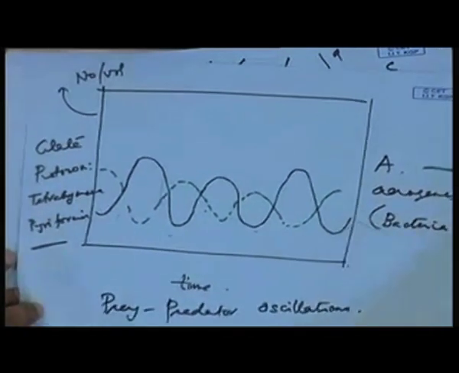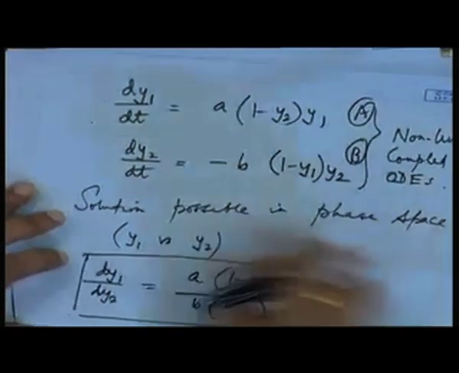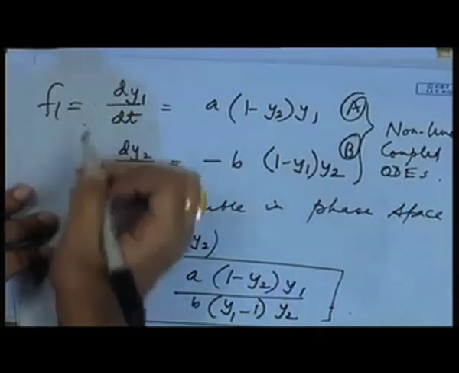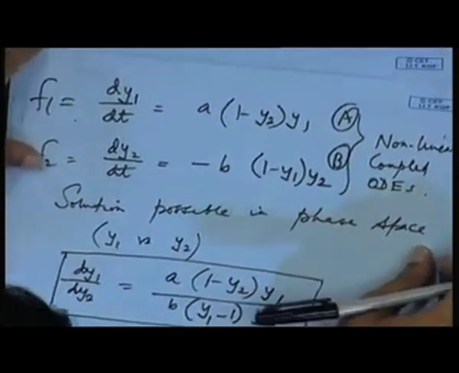For that, we need to go back to this system of equations. This is equation 1, let us call this F1, and this is F2. We need to look at the Jacobian. If you have forgotten, I will recap.